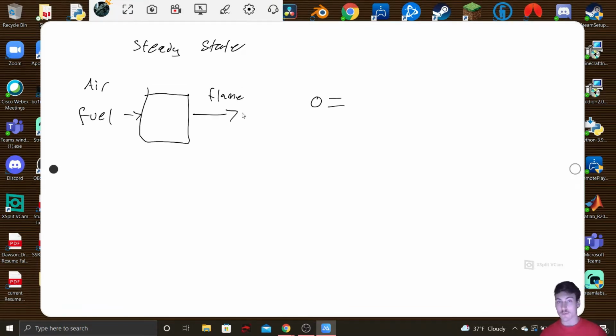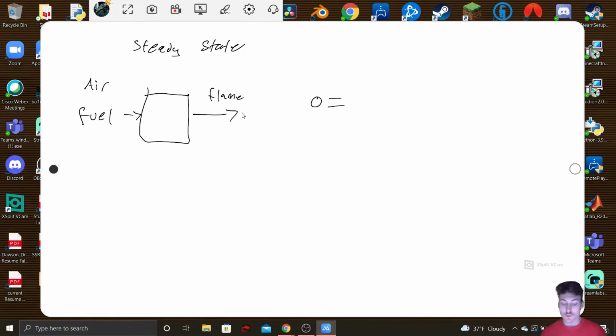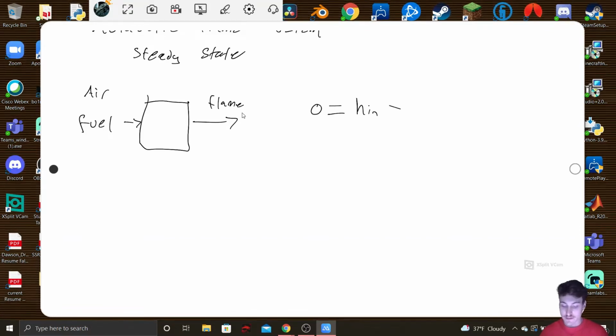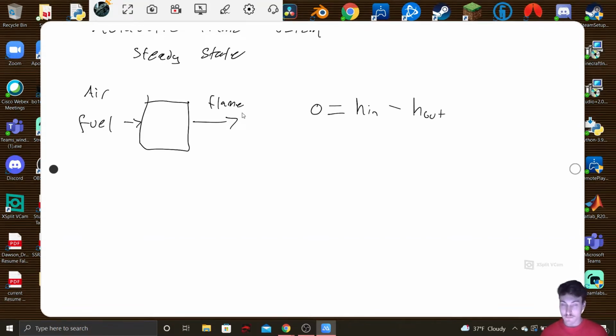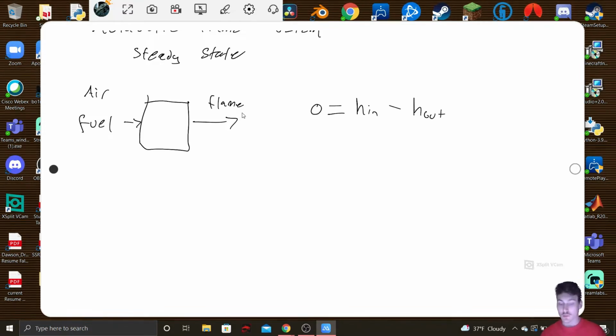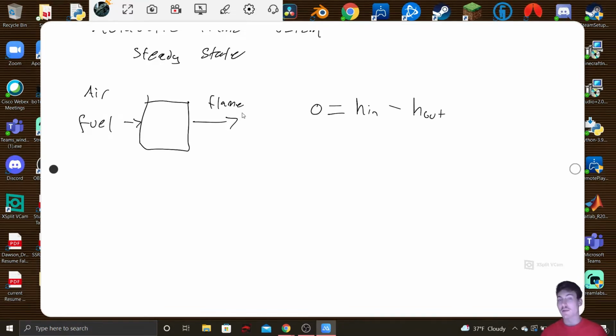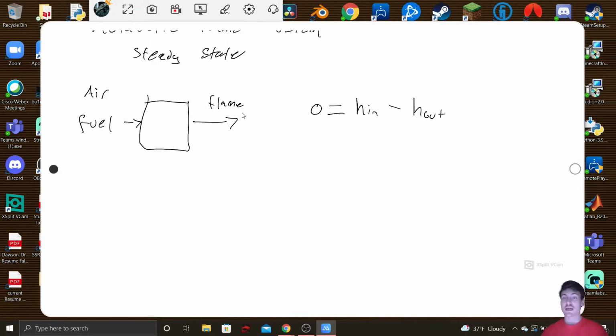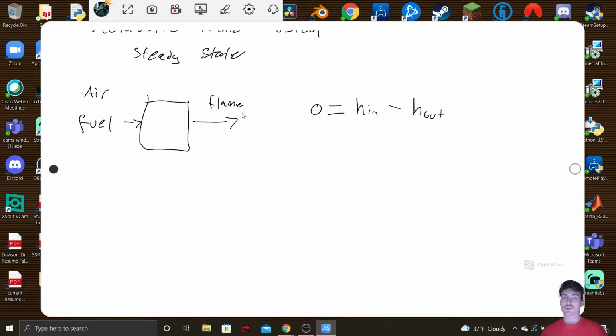On the right side, our enthalpy in minus our enthalpy out of the entire system is going to be equal to zero. So we can say that our enthalpy in is equal to our enthalpy out, and that's going to help us substantially in the course of this.